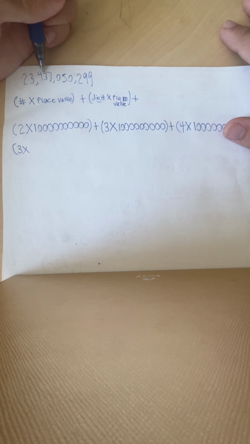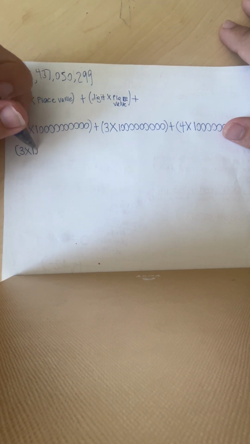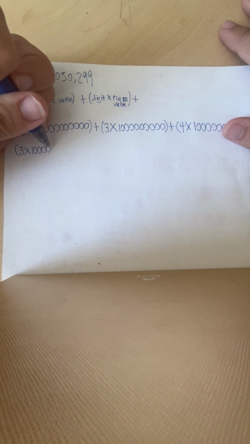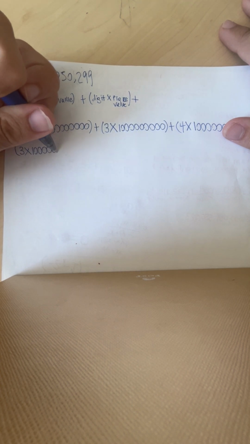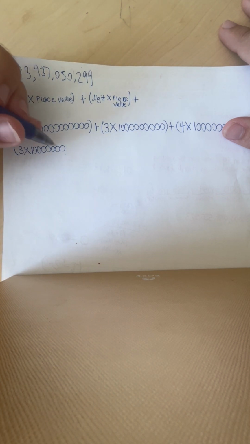It appears the place value of this 3 is 10 million. So I'm going to write 10 million right here. How would I write that? Here's 10, 100, 1,000, 10,000, 100,000, 1 million, 10 million. There we go. 3 times 10 million.